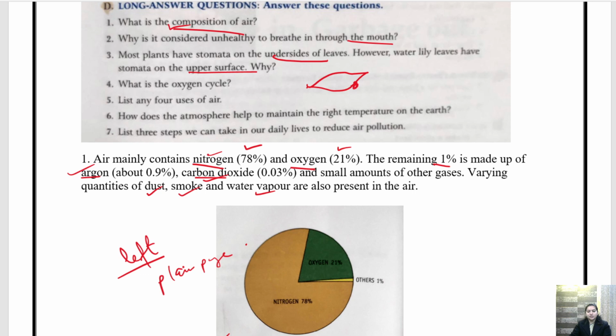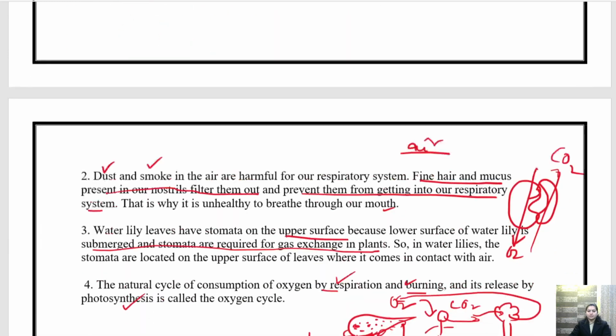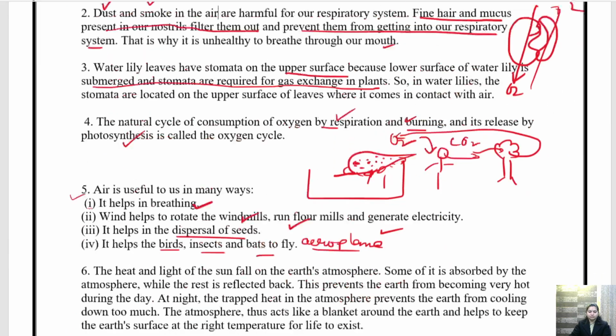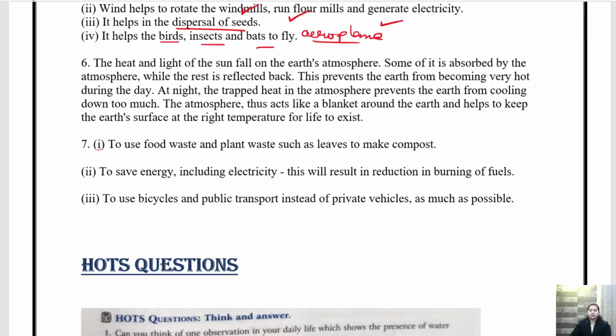Now coming on to question number 6. How does the atmosphere help to maintain the right temperature on the earth? So how does the atmosphere help it? Let's see what the atmosphere does, children.